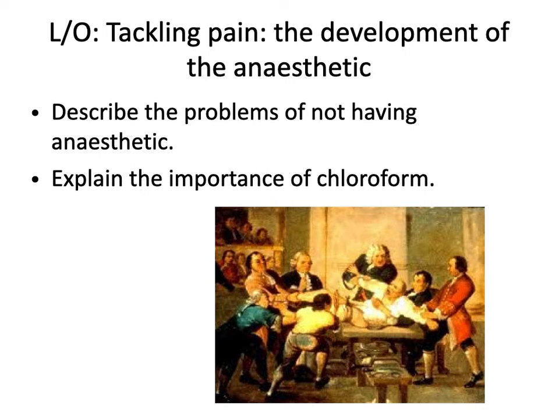Now, both did have anaesthetic properties, but both also had big problems. They could make the patient vomit, the gas irritated the lungs, which caused coughing, even when the patient was unconscious, and they were very, very flammable gases, so they were quite dangerous to use.